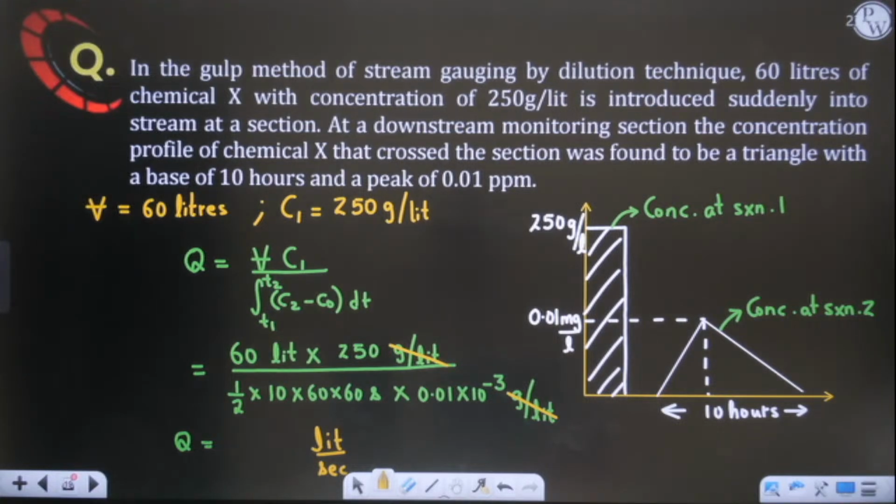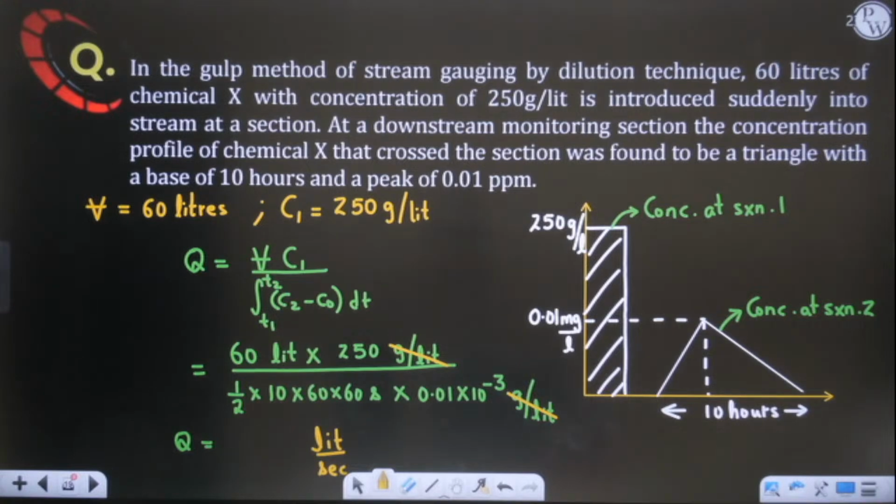Yes, find it quickly. Yes, find it. How much are we getting?